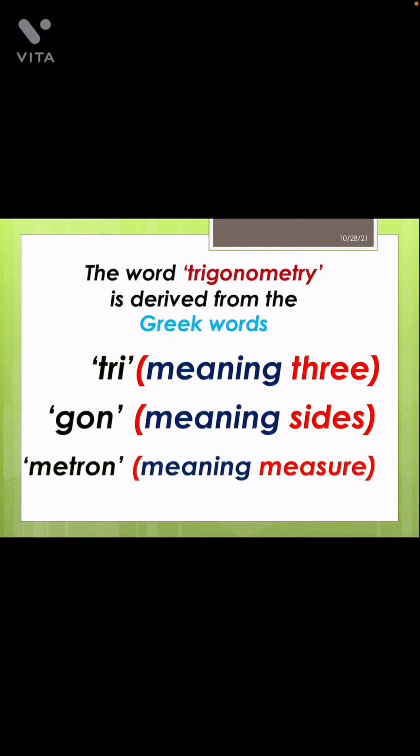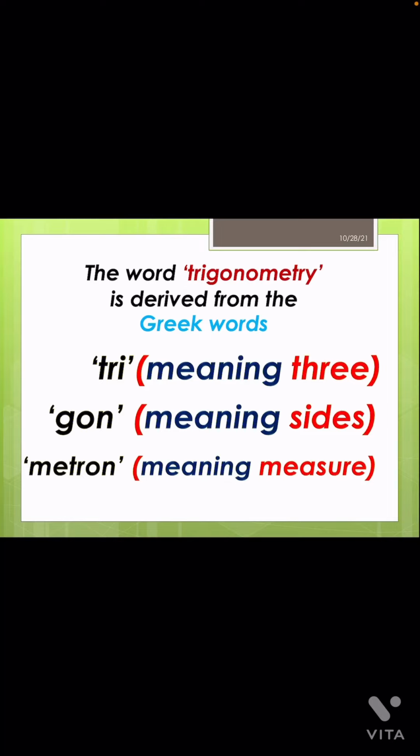It is the study of relationships between the sides and angles of a triangle. It helps us to work out missing or unknown side lengths or angles in a triangle.